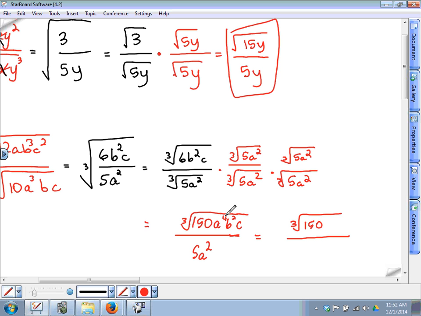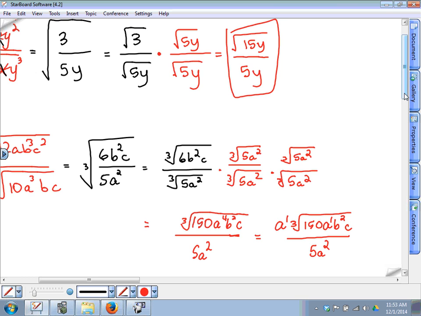Now this exponent of 4 is larger than the type of root, so we got to simplify. How many times does 3 go into 4? So that means we have an a to the first, and then what's the remainder? So a to the first on the inside. And then we have a b squared times c all over 5a squared.